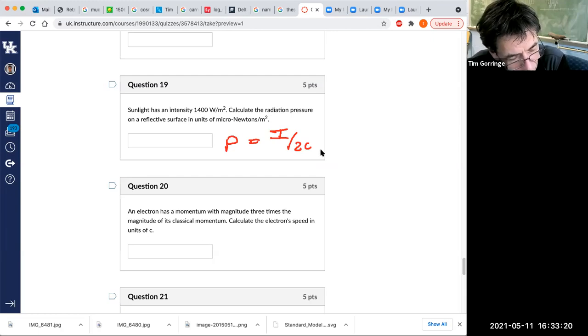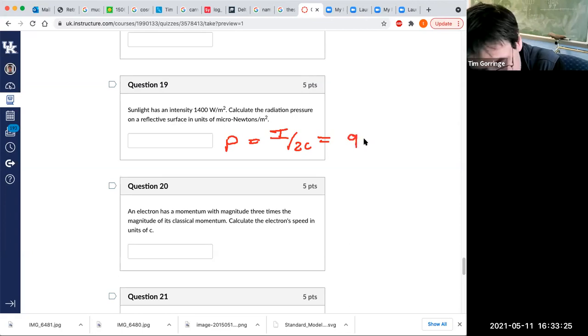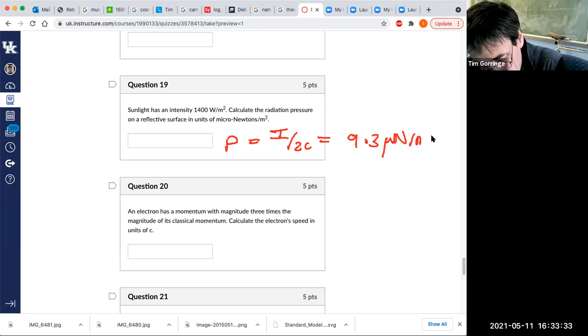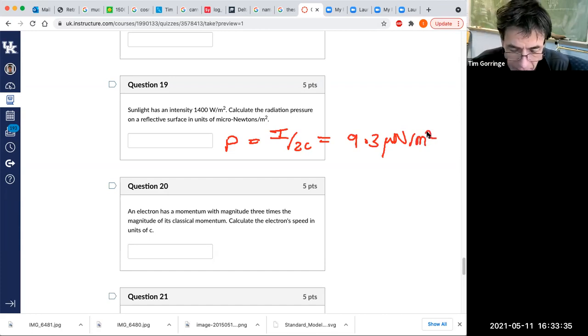If you carry out that calculation, I got 9.3 micronewtons per square meter. So that's the radiation pressure corresponding to this intensity.